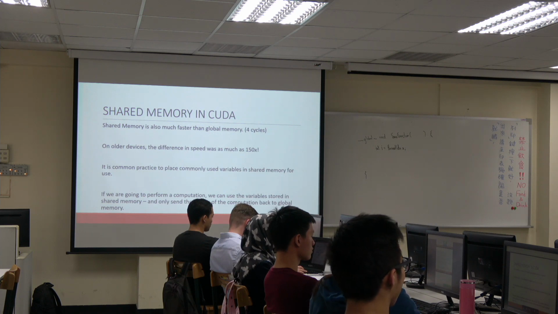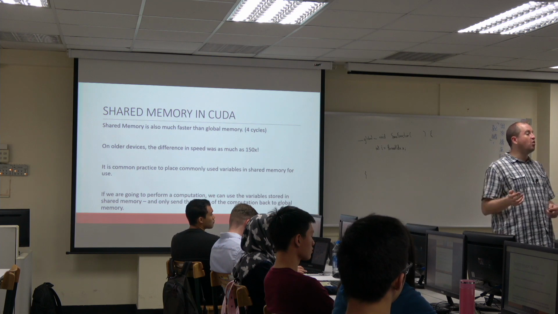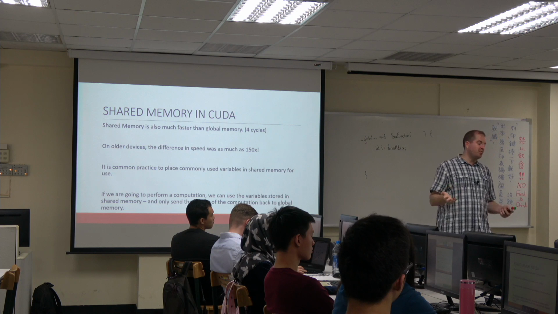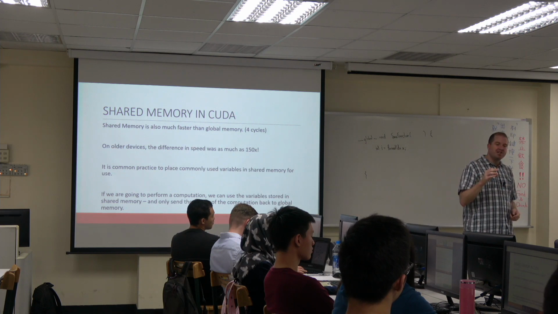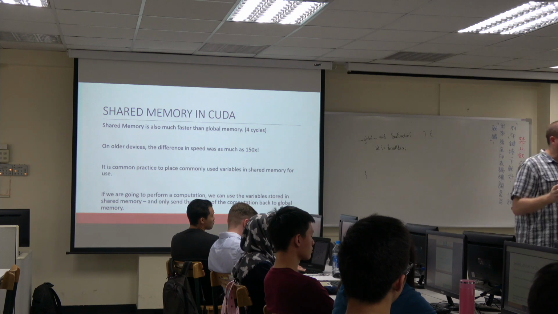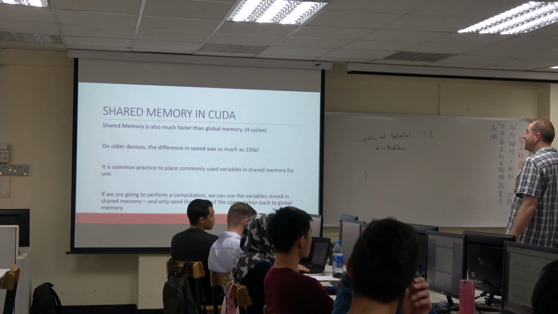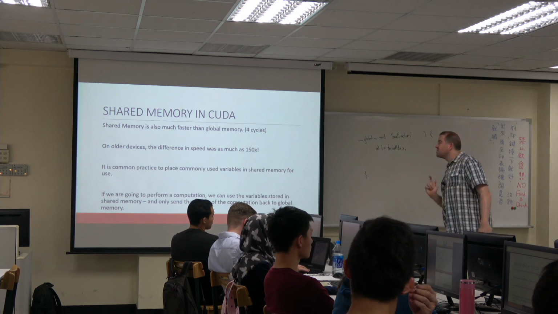When we start our work, we can copy the information from global into the on-chip shared memory section. Then all of our calculations are on-chip. None of them are off-chip. Then when we're ready, we can copy the answer back to global, because as soon as our block of threads is finished computing, that shared memory is erased, and we lose our result. So we must transfer it back.